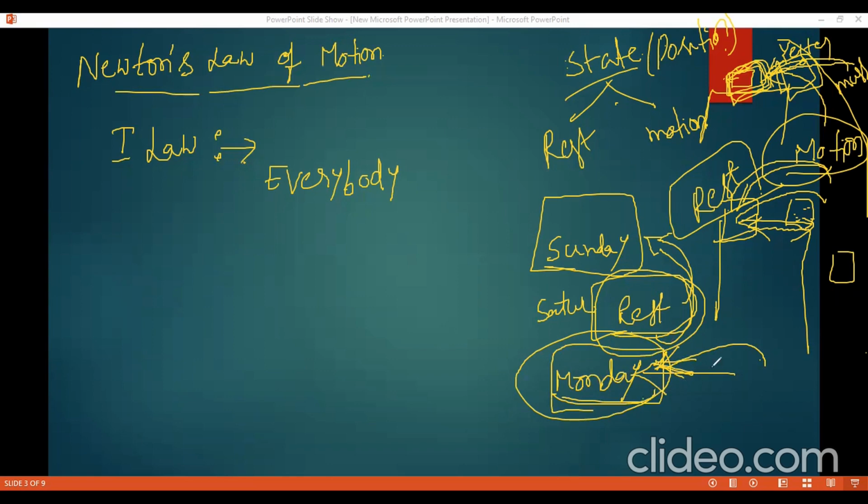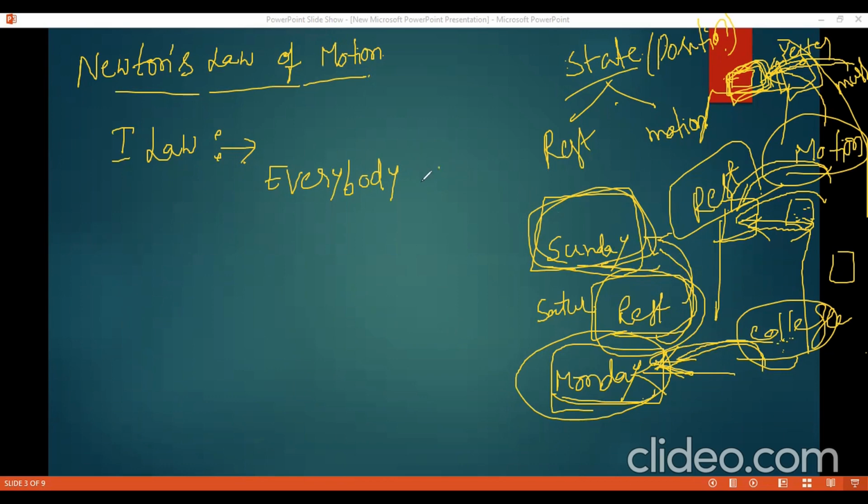College is the force here. So you have to go to the college. College is forcing you to get ready early. Whereas Sunday, no college, so no force on you. So you wake up late and you get ready late. All the things are late.